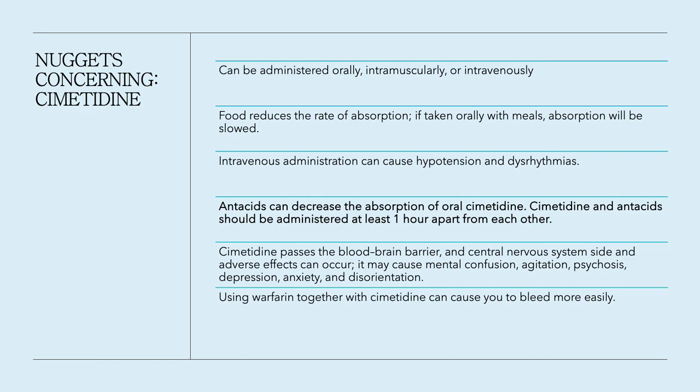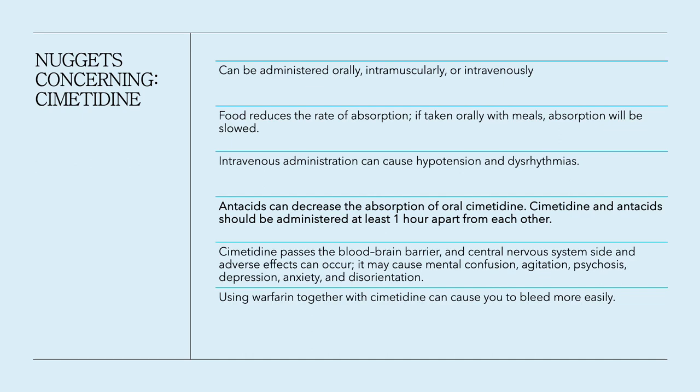All right. So some drug interactions that can happen with cimetidine is antacids. So antacids decrease the absorption of the cimetidine. So you want to make sure that they are administered at least 1 hour apart. And I'm going to skip that one, and then I'm going to go to the next drug, which is warfarin.